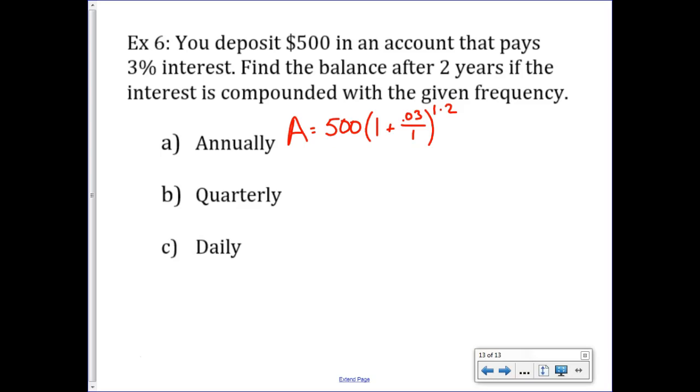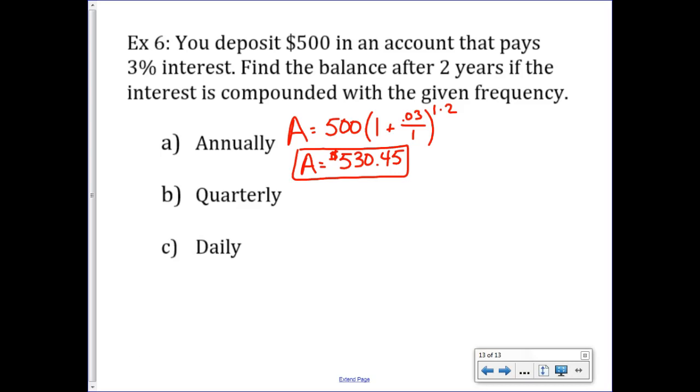You can go ahead and simplify any of that you want, or you can plug that into your calculator. Remember, since we're talking money, we need to round to the nearest hundredth, so we get $530.45 if we compound 1 time per year.